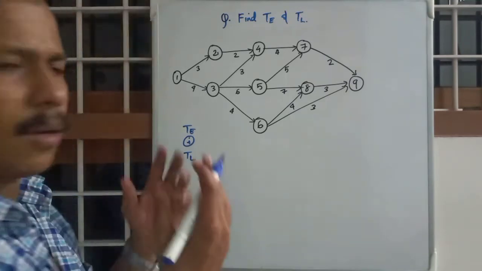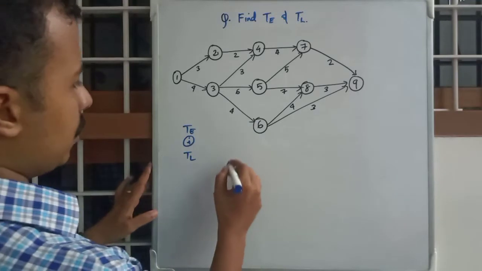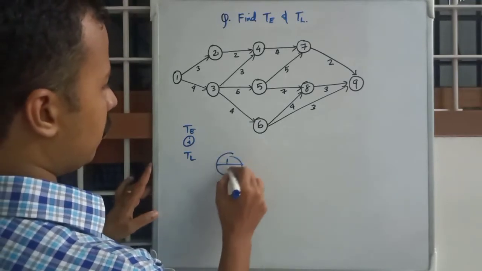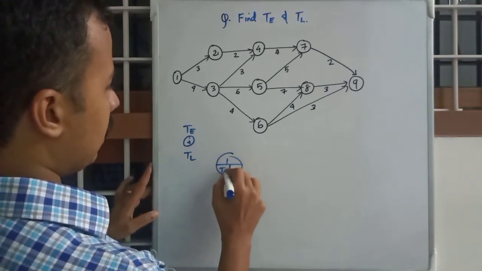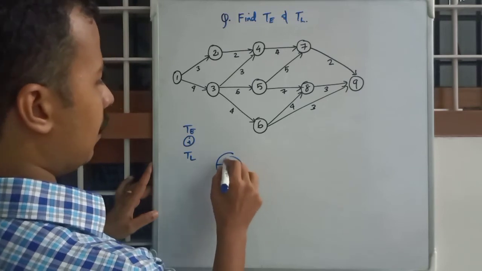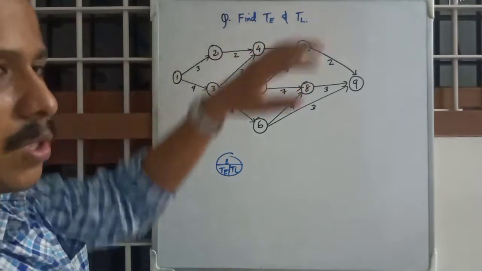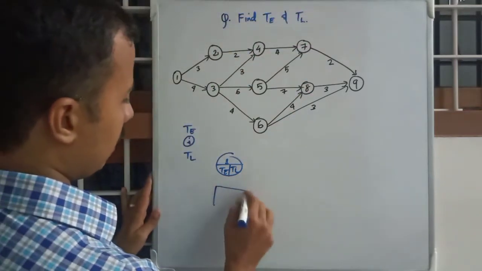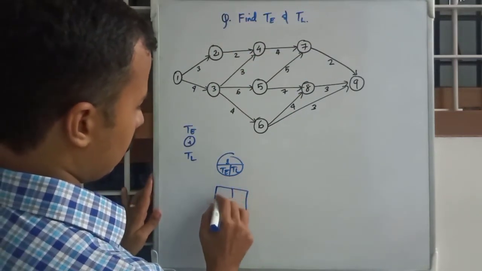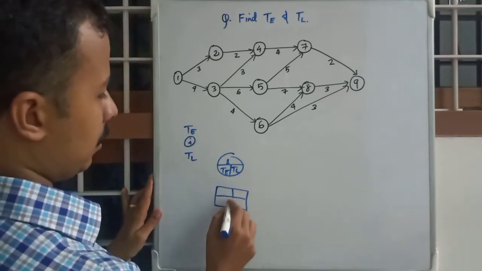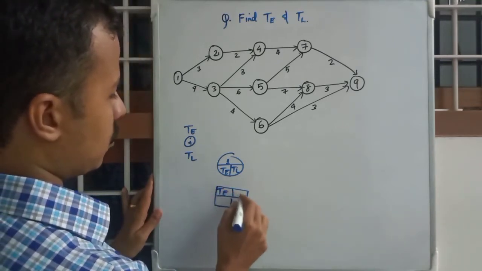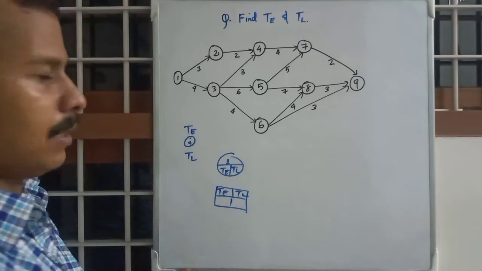There are a lot more ways to express this. Sometimes it may take TE, TL, event name, etc. It can be expressed in each node, or it can be shown as a square. There are many ways.